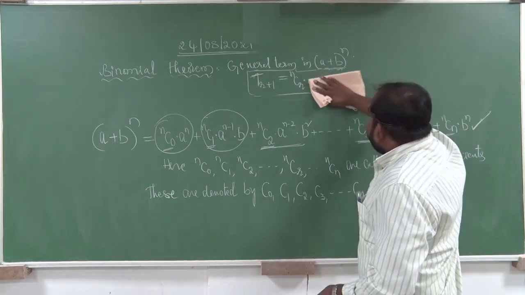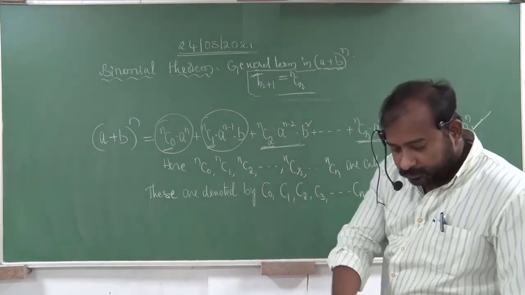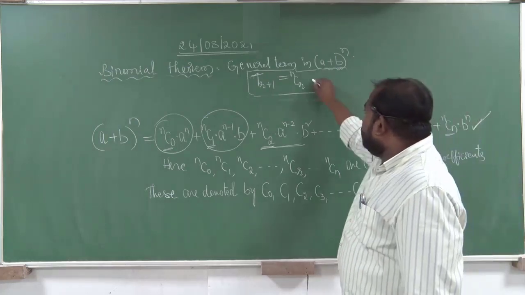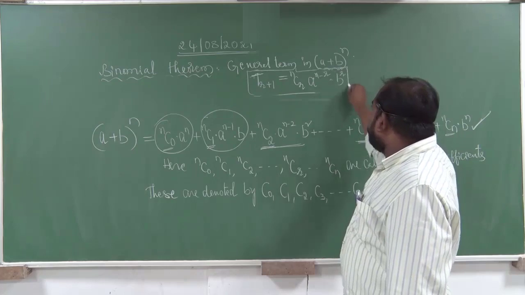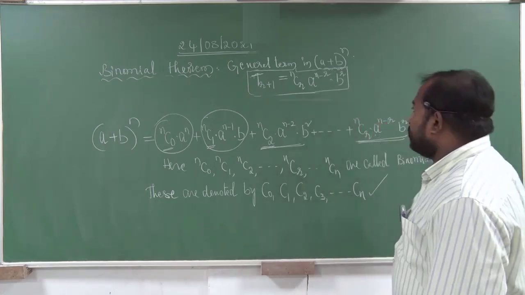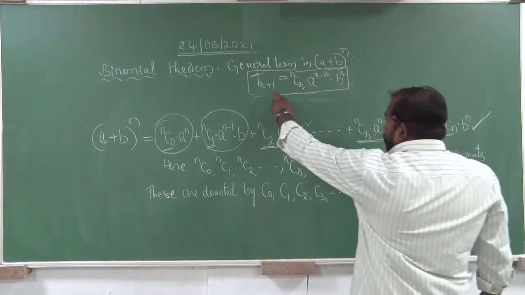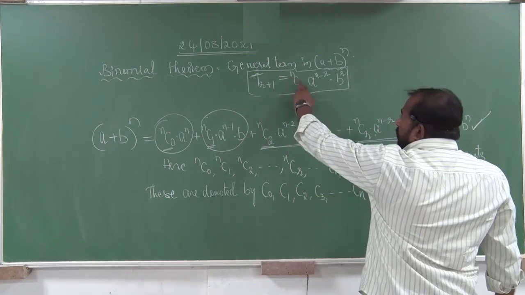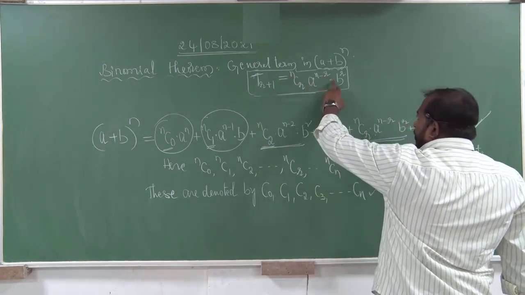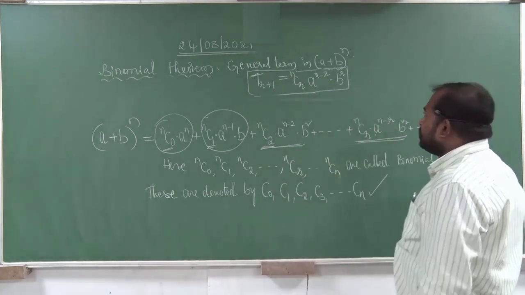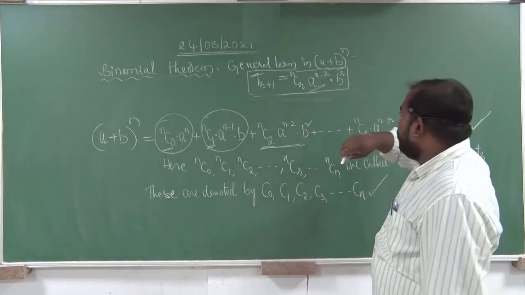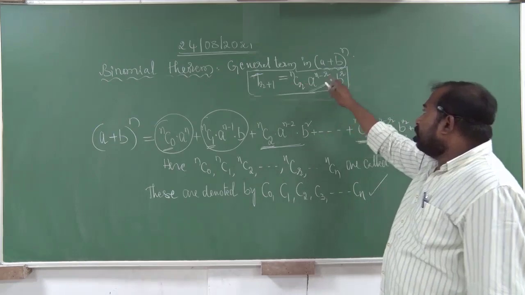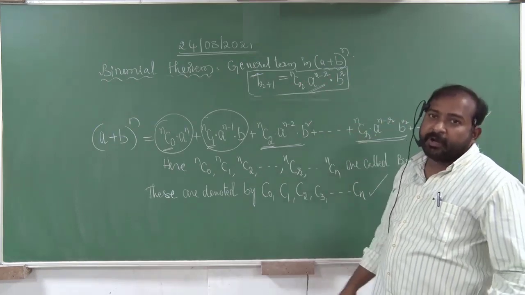It is a^(n-r) b^r, gradually decreasing like this. So the general term T(r+1) is nCr a^(n-r) b^r. In the last class, at the beginning, we gave this one; just to correct that value, sorry for that.